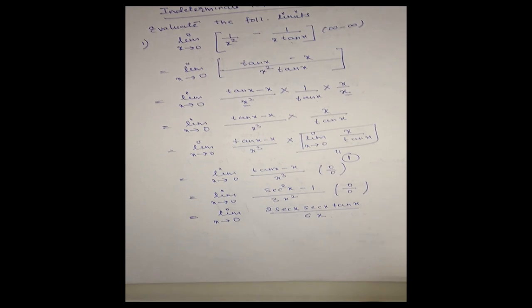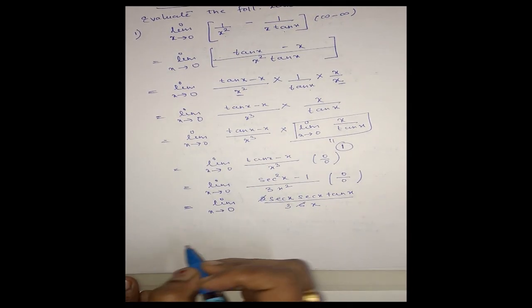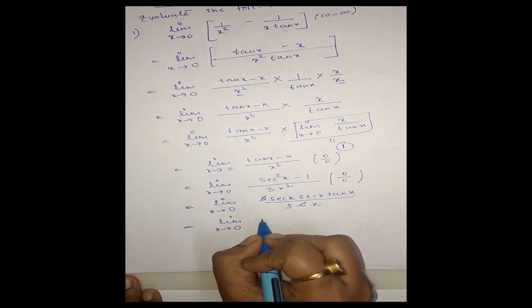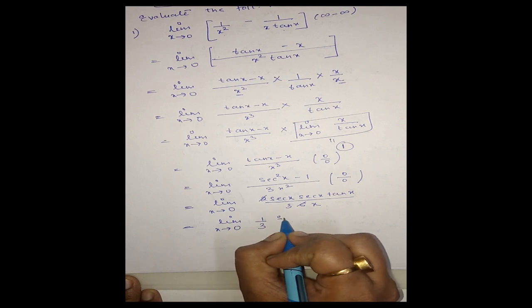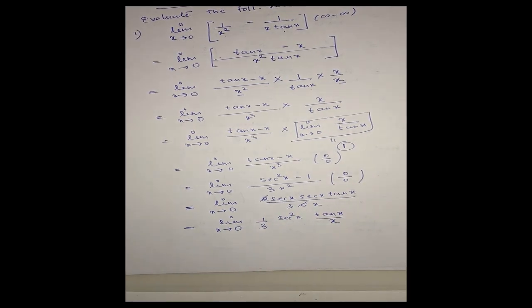Clear? Now this is equal to limit x tending to 0, 1 by 3 sec square x into tan x by x. Okay.